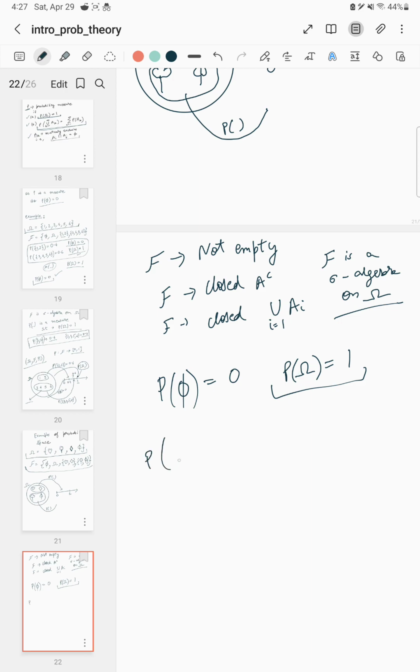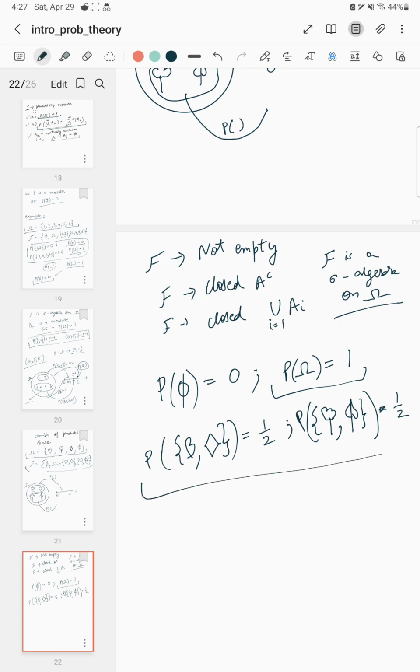Now the probability of hearts or diamonds is half, since it's a fair experiment. The cards are fair. Similarly, the probability of getting a spade or a club is also half. Now we can see that the probability measure P satisfies all the conditions of being a probability measure.